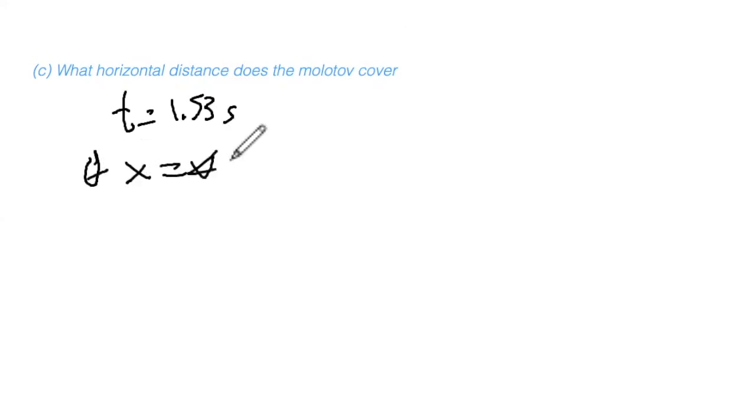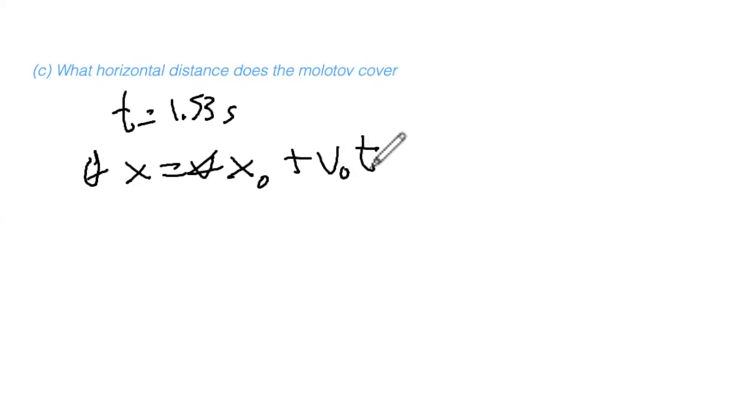All right, third part, what horizontal distance does the Molotov cover? So we know the time that it will spend in the air is 1.53 seconds. We will use this time to compute the horizontal distance that the Molotov covers using one of the kinematics equations for the horizontal direction. Final x is going to be initial x plus the initial horizontal velocity.